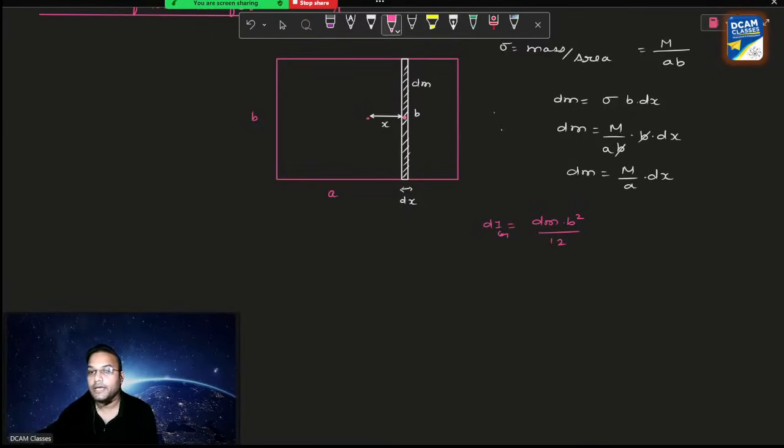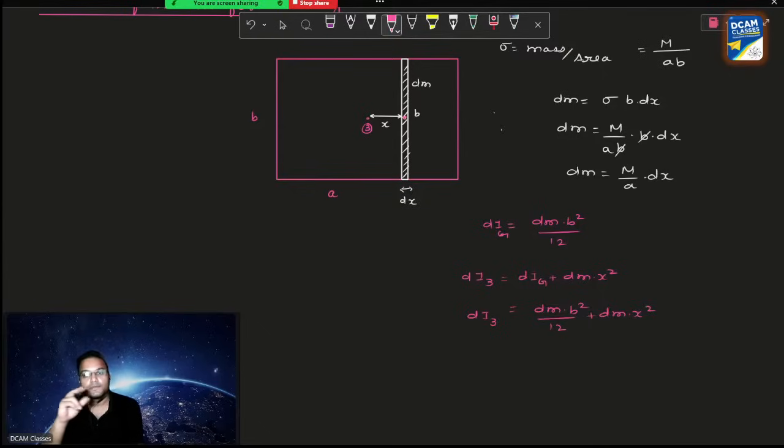But we have to find it about this third point, the center point of the slab. So we'll apply the parallel axis theorem. So dI about 3 will be equal to dIg plus dm into x square. So it will be dm into b square by 12 plus dm into x square. Is it okay for everyone?